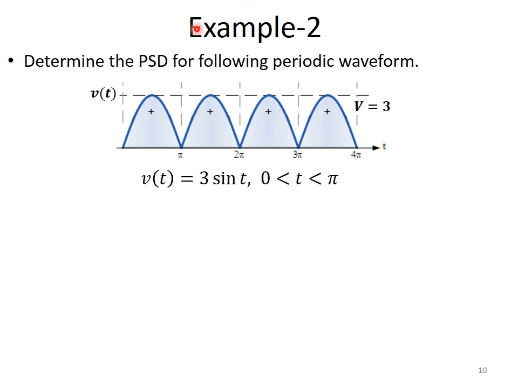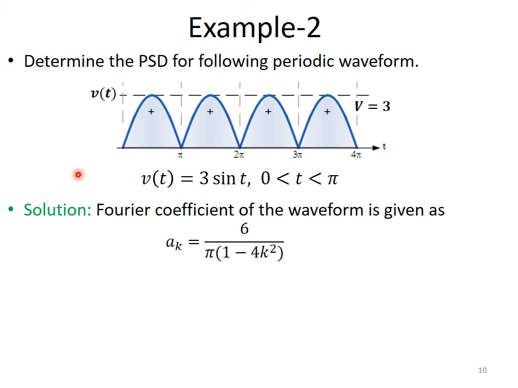Now moving on to example number 2, this is the waveform at the output of a full wave rectifier. The maximum peak is 3 volt, and the mathematical representation of the signal will be V of t equal to 3 sin t from 0 to pi, right? So we have to determine the power spectral density function of this waveform and then draw the PSD.